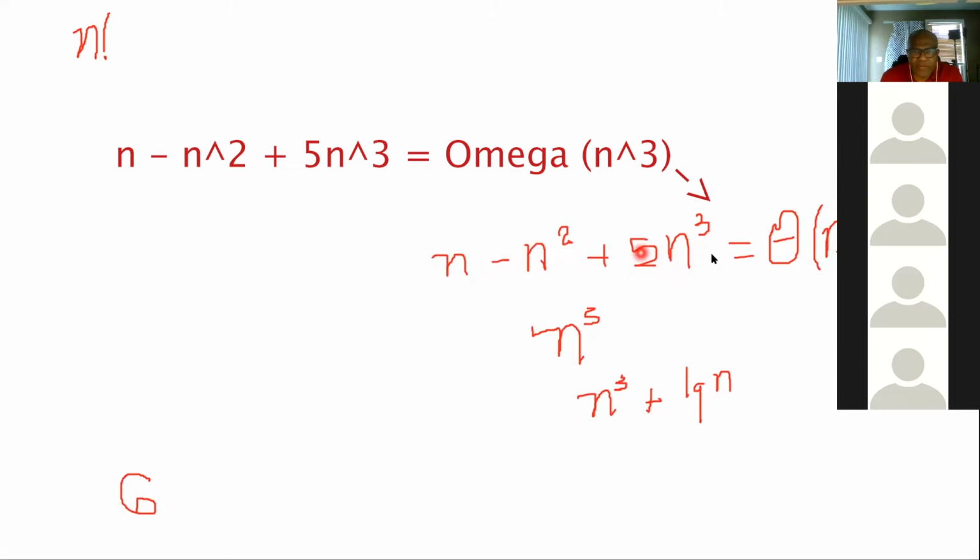So this is the term that is going to dictate the worst performing behavior of the algorithm. So when we have a summation, it is the worst term in the summation that dictates the behavior of the algorithm.